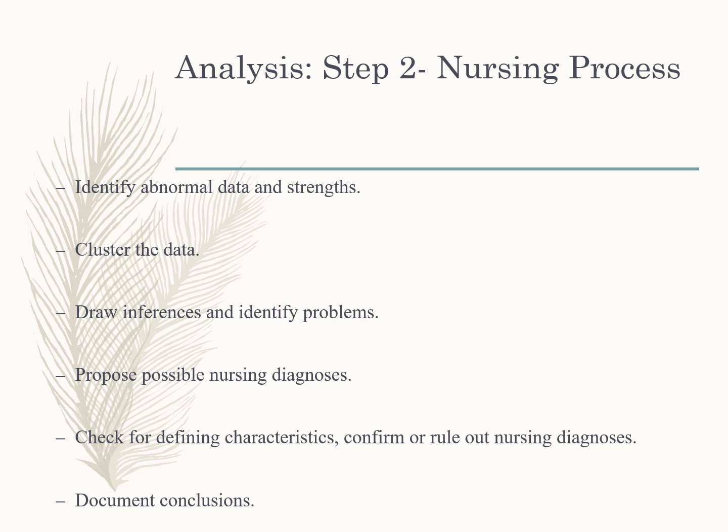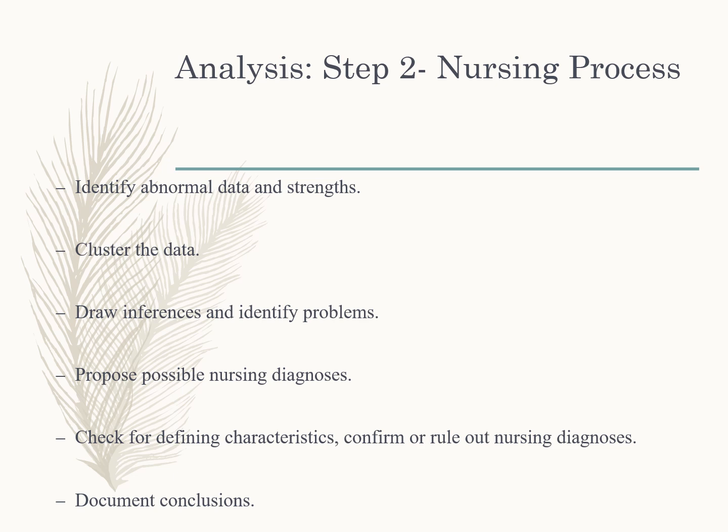You're going to take your assessment information, cluster that information, and then draw inferences and identify any issues. Now, from that data, you're going to analyze and propose possible nursing diagnoses.